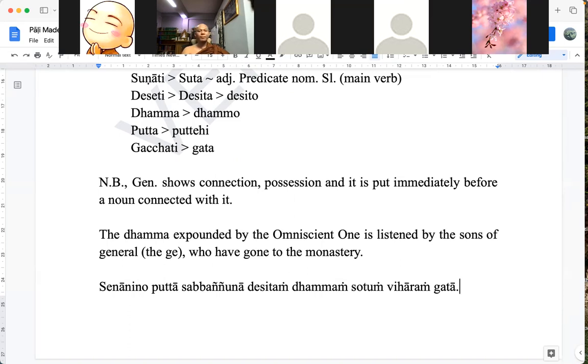So if it's gata, I can translate "the general and son has gone to the monastery to listen to the Dhamma expounded", with three translations. If I use the present tense, it's only the present tense. So the main verb in the ending can be either the simple present tense or a past participle.